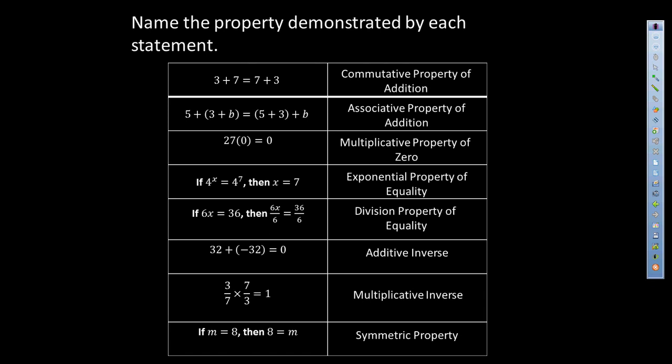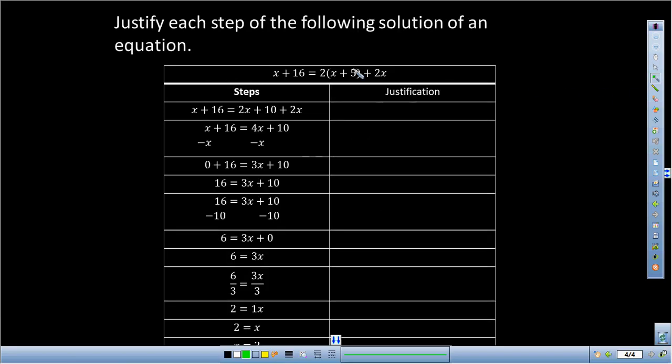Okay, now in this next part here, we're going to justify each step of the following solution of an equation. So all the steps are given. We have our original equation all the way down to the solution. And one thing I wanted to point out here is that right here is the original equation that we're going to be working with, and right down here at the very bottom is the final step, or the final result as far as our equation.